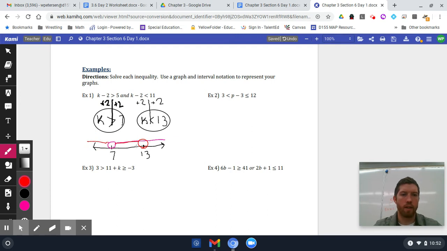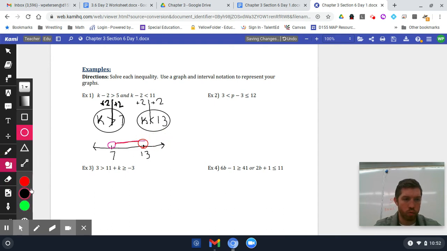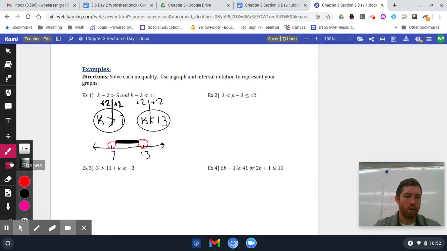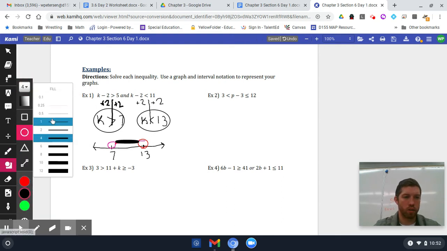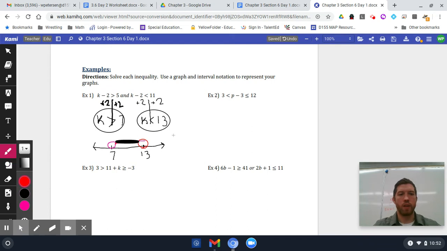Okay, notice again, with and statements, we only care about the overlapping area. You saw that in your IXL. So we technically can erase this and erase this, and we really just want to show our highlighting in between the 2. So I'm going to make it nice and thick. That is our answer. Again, you guys don't have to do it just like that, but I just wanted to show that that's what it looks like. All right. So that is an and statement.